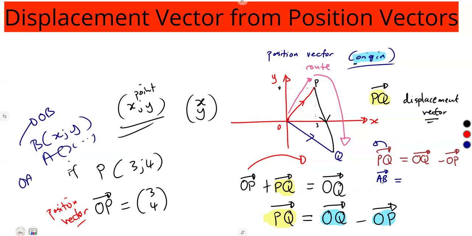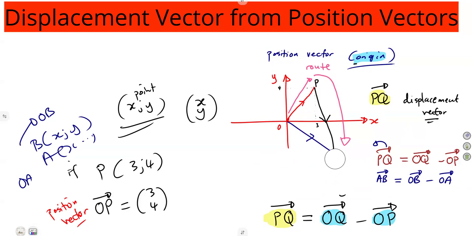Remember, it is simply B minus A. So that's OB minus OA to represent position vectors. That is the concept.